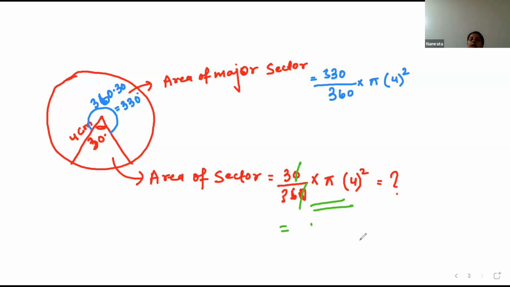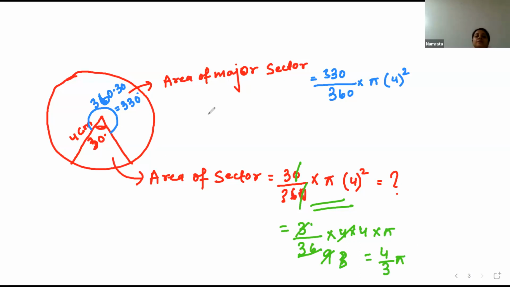Just keep pi as it is. So 3 by 36 into 4, and pi I am writing as it is. 4 9 times 36, 3 times 9. So we got 4 by 3 pi, right? This is the area of this minor sector.